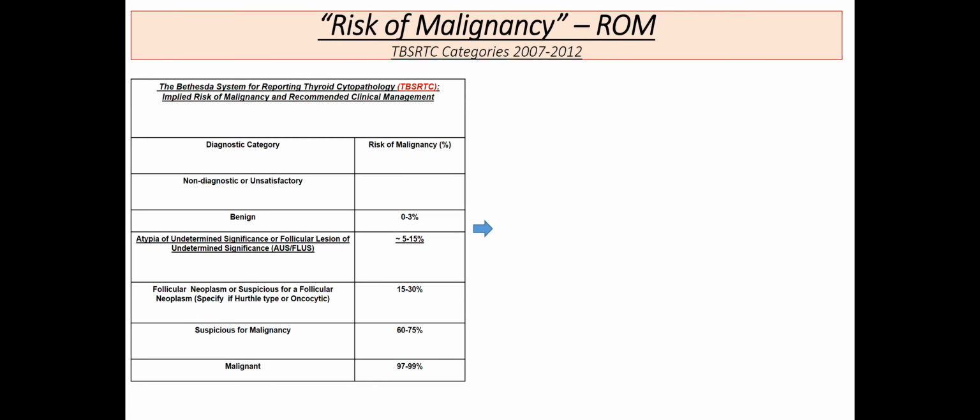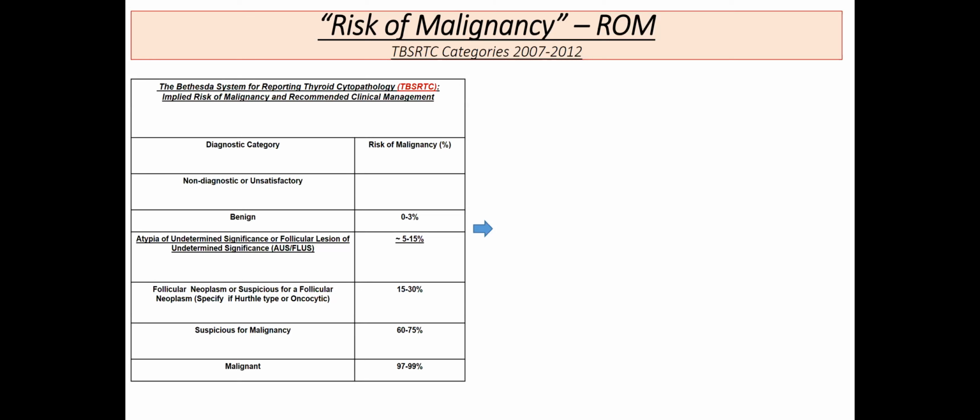Now, when you talk about risk of malignancy for each of these diagnostic categories, it was based upon literature review. And literature is never homogeneous. It's always heterogeneous because it is coming from different institutions, different cytopathology thresholds for calling something benign versus malignant versus atypical, and different populations.